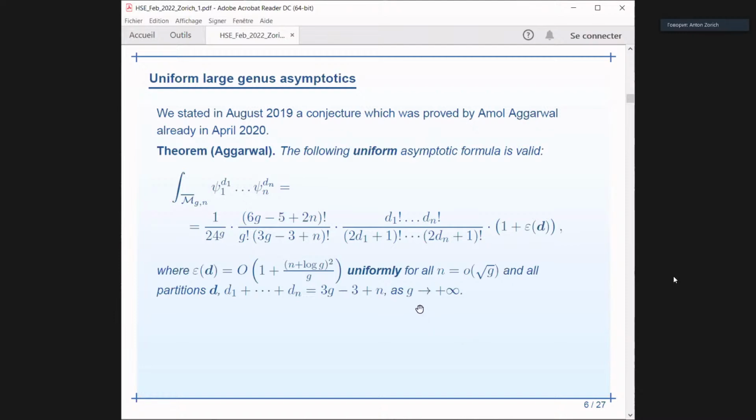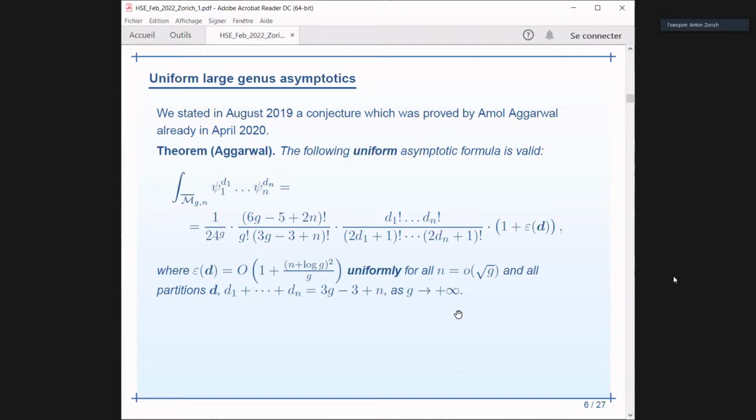So I think that the answer to your question is in this word uniformly. So choose, say, some growth rate of n. For example, square root of g times some function of g which tends to 0, some explicit function. Then let g tend to infinity. Then for any fixed g, you have a finite number of partitions.